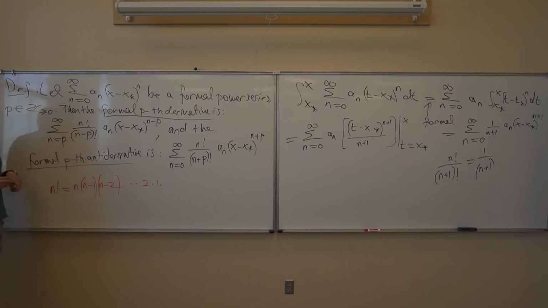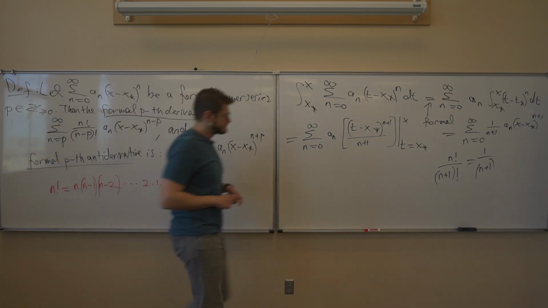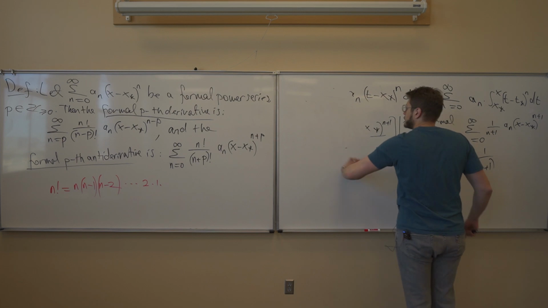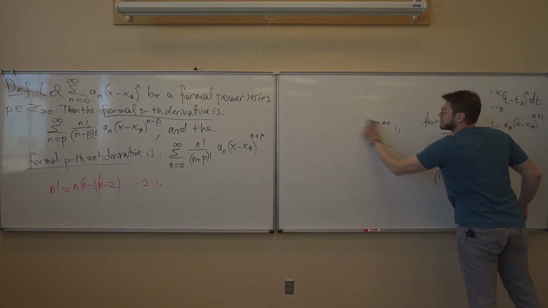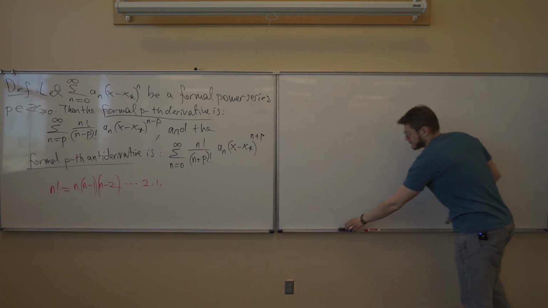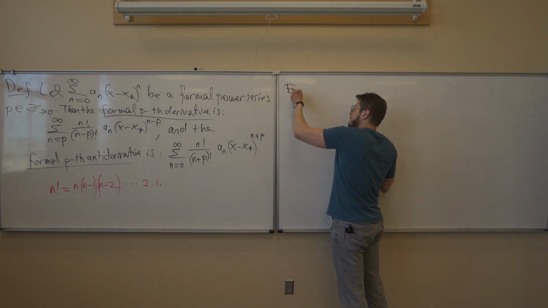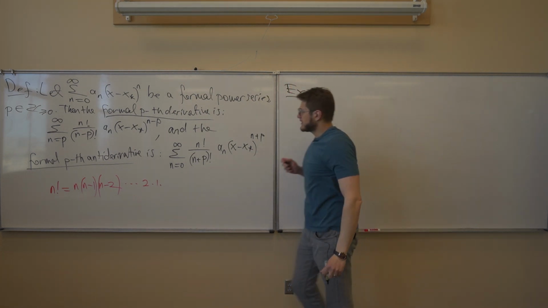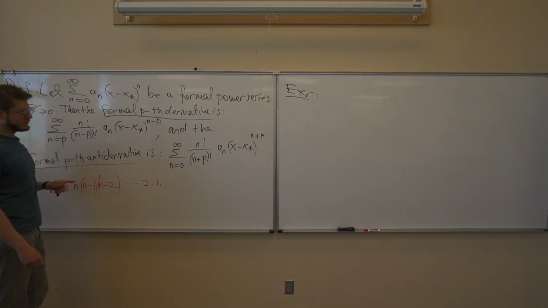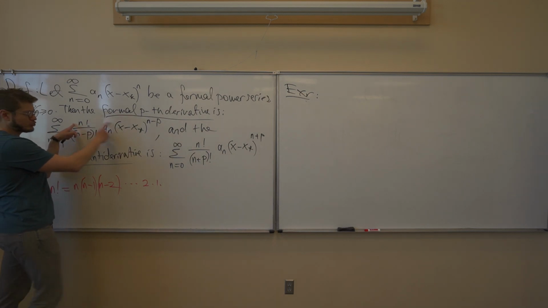The radius of convergence of each of these series is the same. In other words, perhaps the thing that unifies derivatives and antiderivatives here is that I always have n factorial in the numerator.